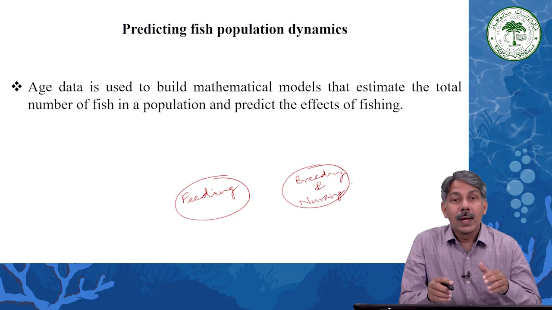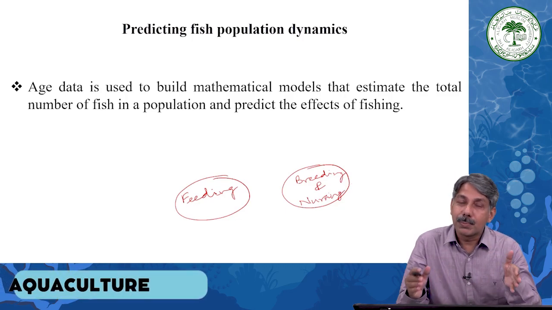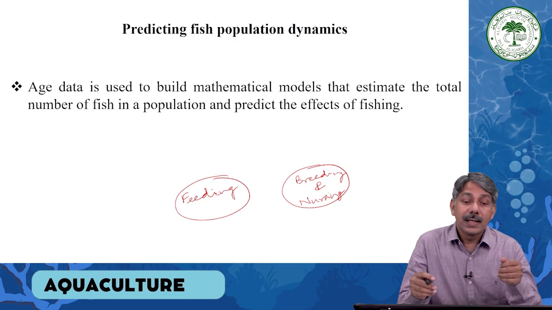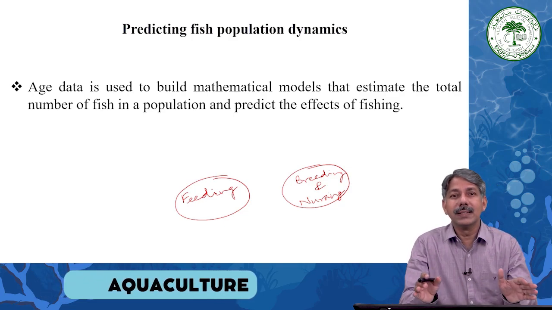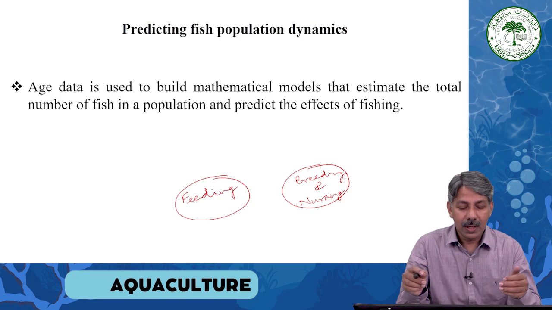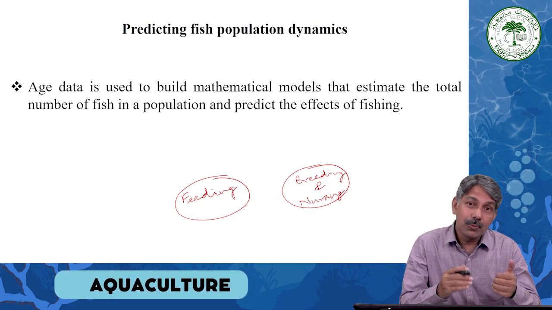Now, when I say that they may have feeding and breeding ground or nursing ground separately, that may be within the extended home range that one fish stock has, but they are moving from one place to the other.